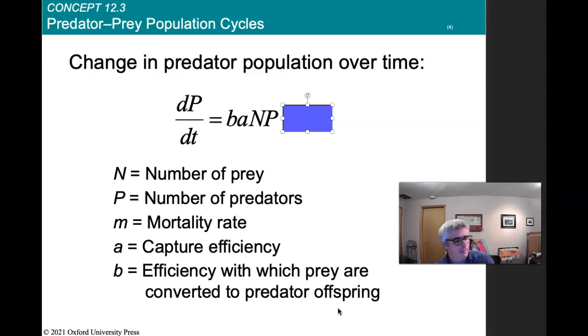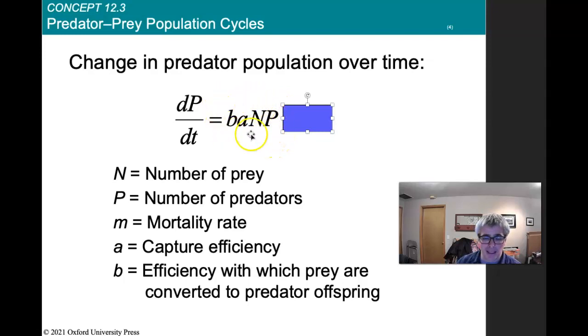So are they really efficient at taking calories brought in and turning it into babies, or does it require a lot of calories, many prey, to generate one new baby? So the change in population over time is related to how well the predator takes calories, turns it into babies, times the capture efficiency the predator has on its given prey, times the number of prey, times the number of predators in the population.